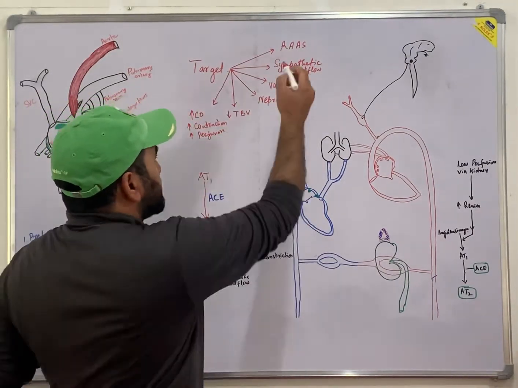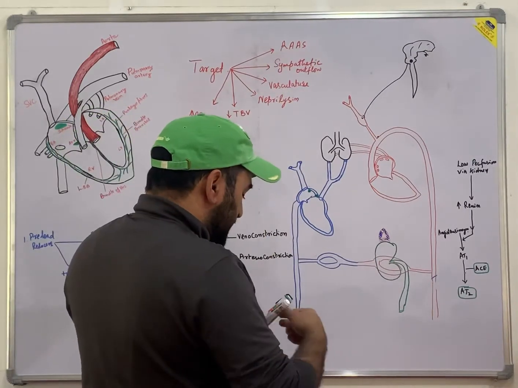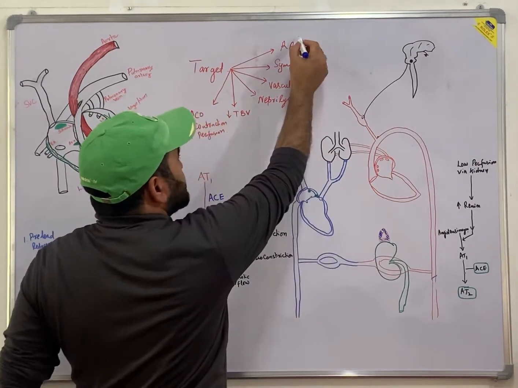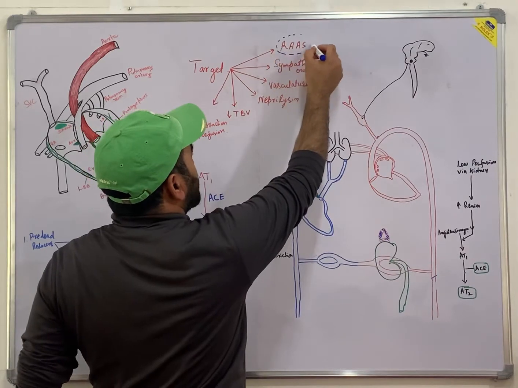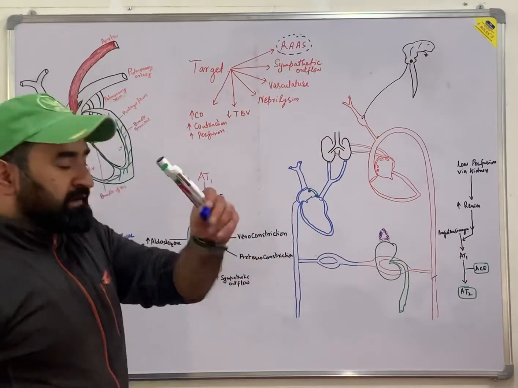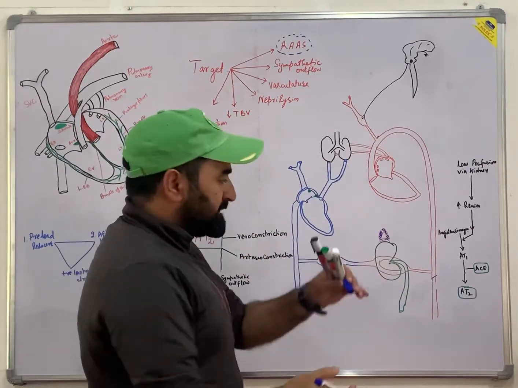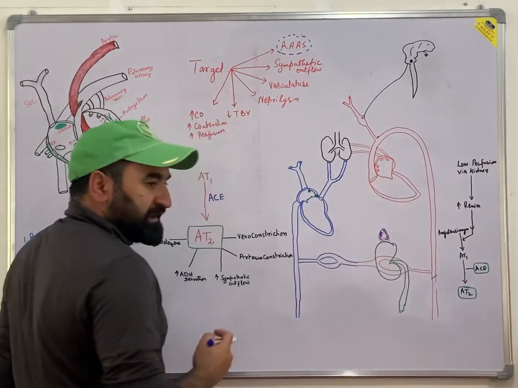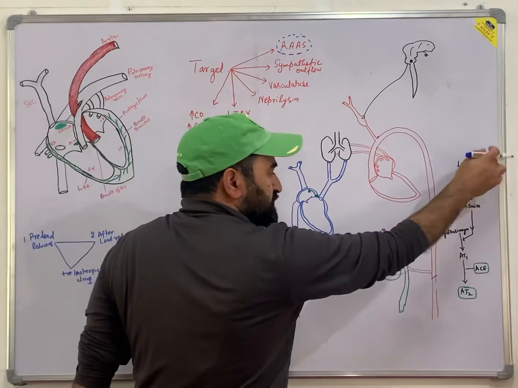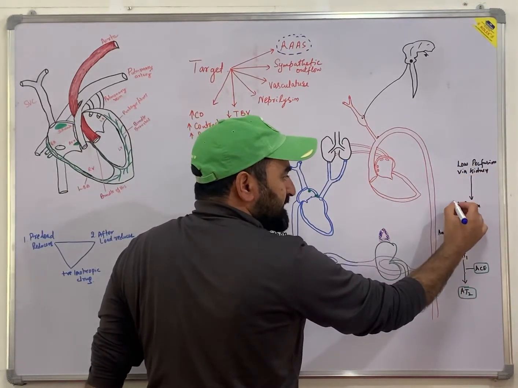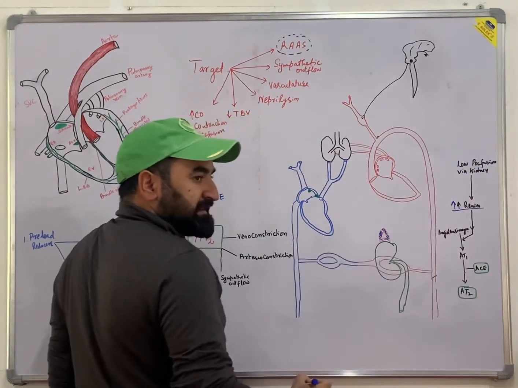Coming to the first, that is renin, angiotensin, aldosterone axis. You know that when there is arterioconstriction, there is low perfusion towards the kidney. So when there is low perfusion towards the kidney, there is increase in the renin secretion by the JG cell.